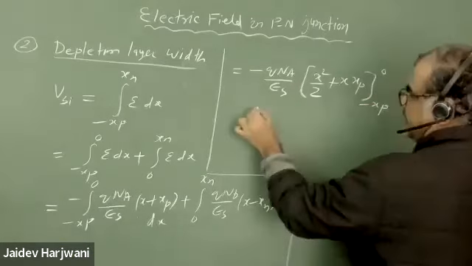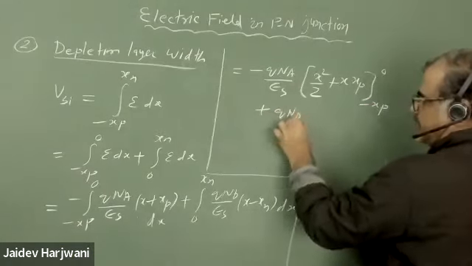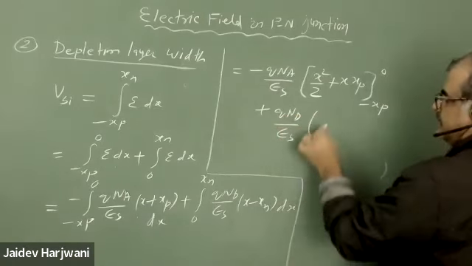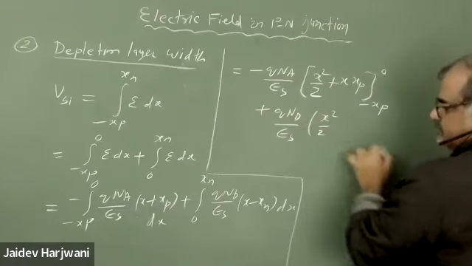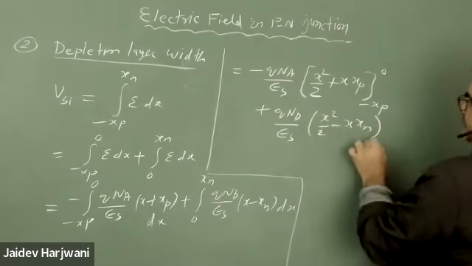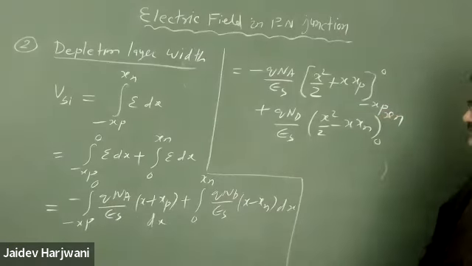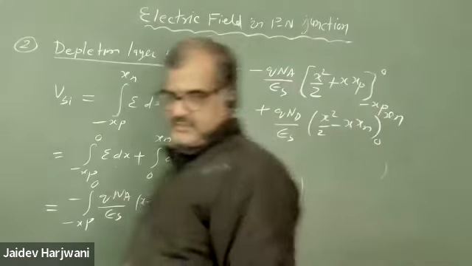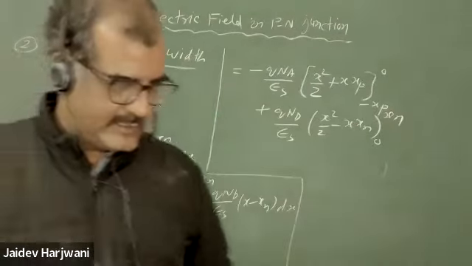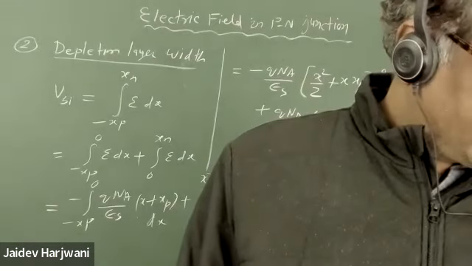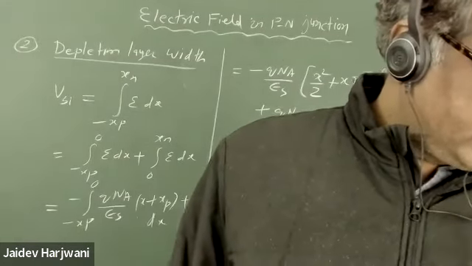And here I have q Nd over Es, and the integration of x square by 2 minus x xn, with the limits 0 to xn. Now put the limits and try to solve, and let us see what we get. Apply the charge neutrality condition and try to solve this one.